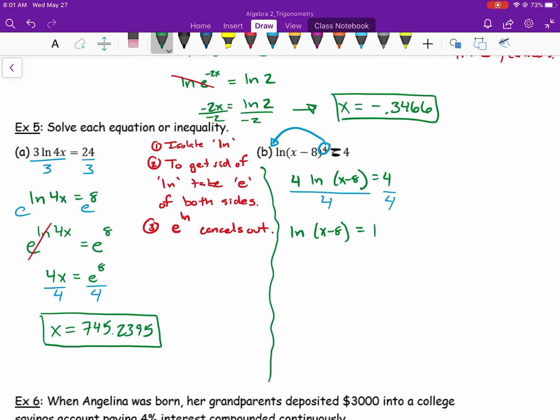All right, remember, so now we're going to take e of both sides. So this becomes e to the natural log of x minus 8 equals e to the first power. E and natural log cancel out. Left with x minus 8 equals e to the first power.